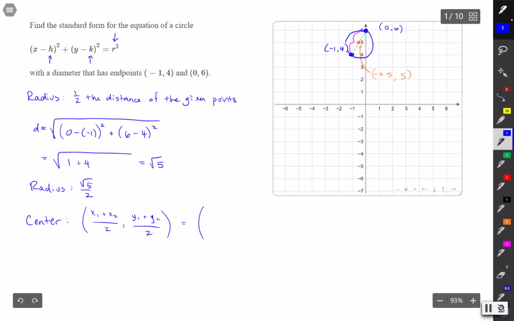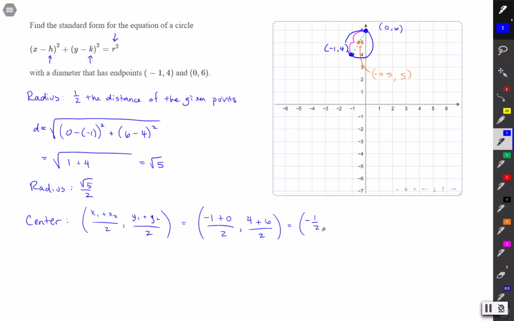So x1 is -1, plus 0, divided by 2, which is -1/2. Then 4 plus 6 is 10, and 10 divided by 2 is 5. So my visual here actually worked out. -1/2 is -0.5, and 5.